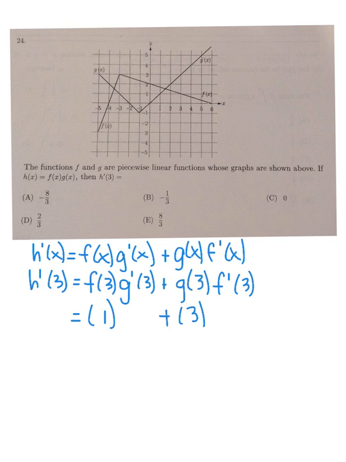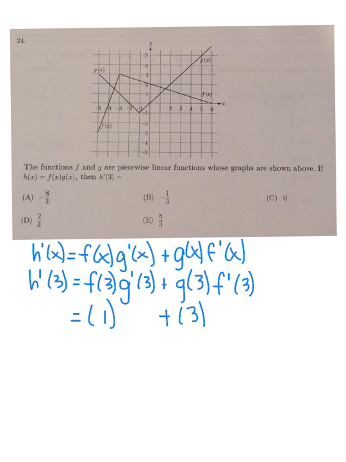Okay, now as far as the derivatives, remember, Aiden said it the other day in class, derivative means slope. So if I'm looking for g prime of 3, all I'm going to do is take my g prime graph, which is right here, right? And at x equals 3, what's the slope here? If I look, that's up 1 over 1, up 1 over 1.